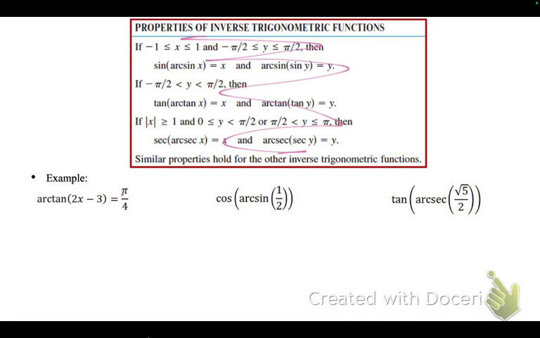So if I want to switch these two things, can't I do that? But then I change this from arc to what? What's the inverse of the inverse? Tangent. Yeah. So you make it tangent of pi over 4 equals 2x minus 3. Well, what's the tangent of pi over 4?